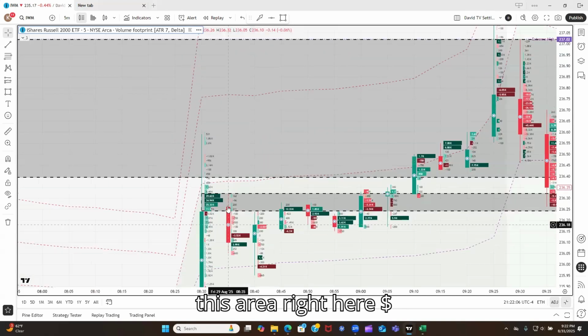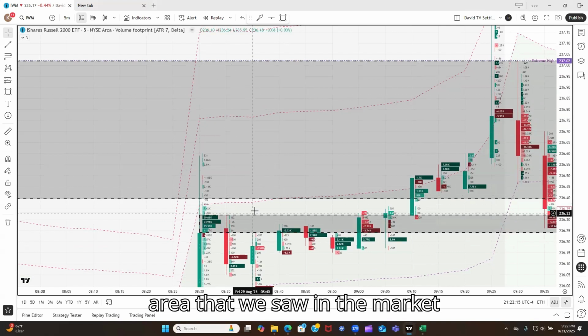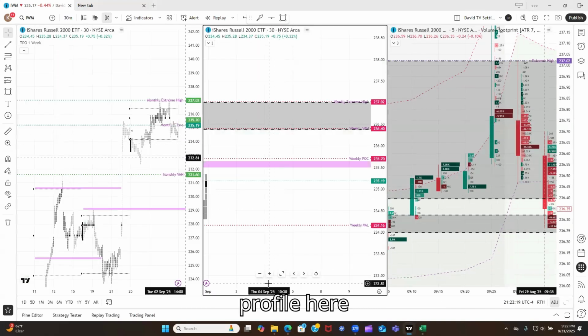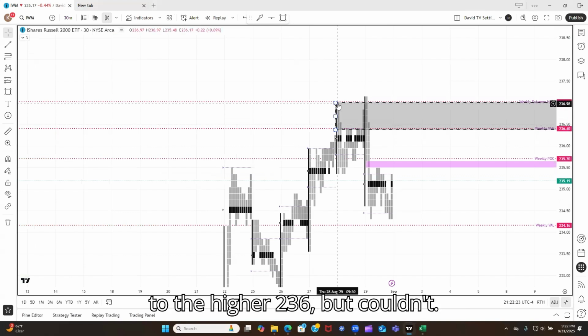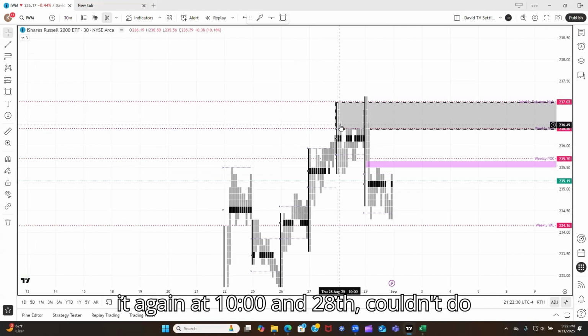So that's a great indication that this area right here, 237.02 to 237.40, is that area that we saw in the market profile here, where we said prices tried to go up to higher 236, but couldn't, there was no other buyers willing to buy higher than that. All right. They tried it again at 10 o'clock on the 28th, couldn't do it.